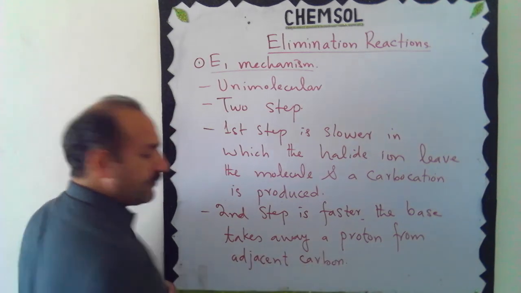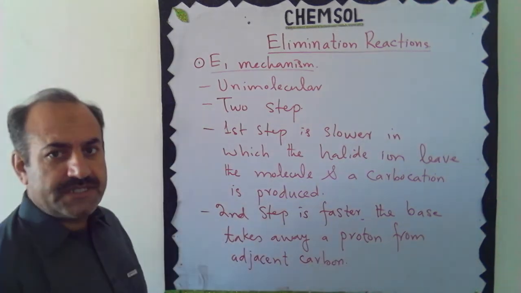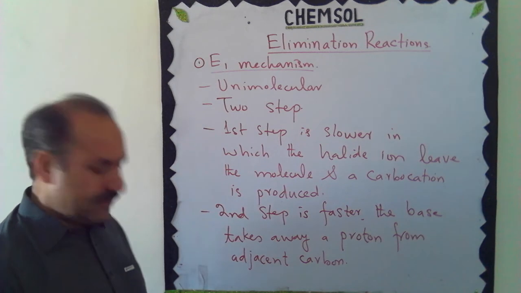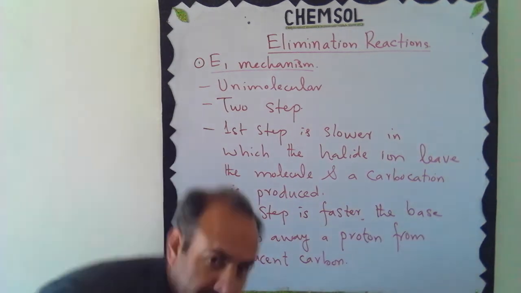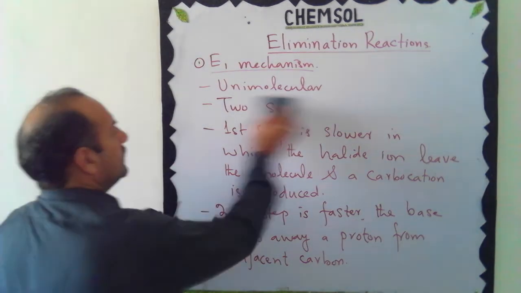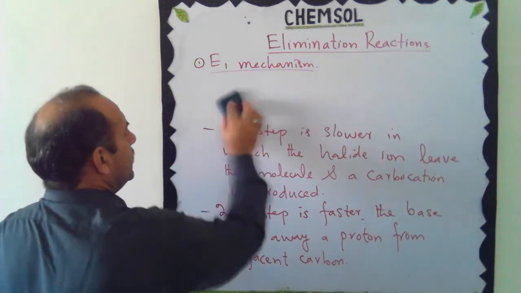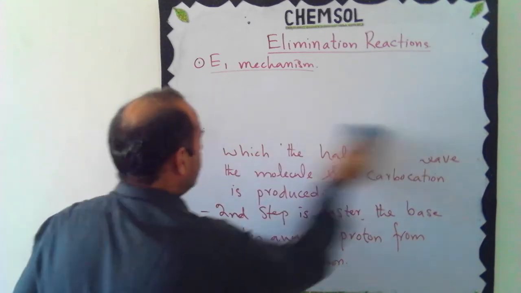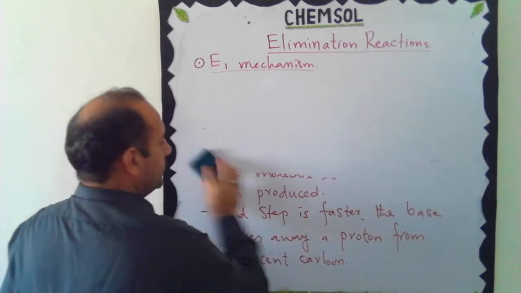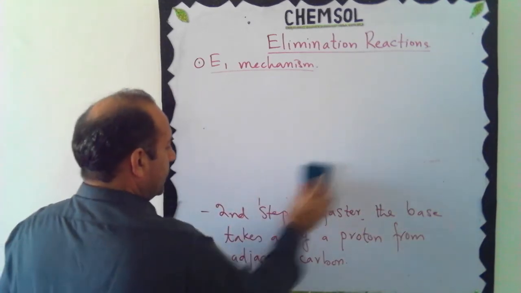Adjacent carbon is the one which is, for example, carbon number 2. So in the second step, the base takes away a proton from the next carbon, and as a result an alkene is produced.